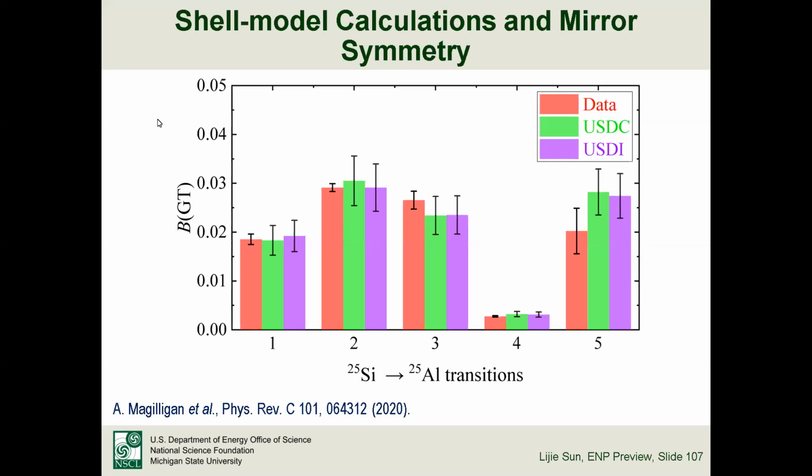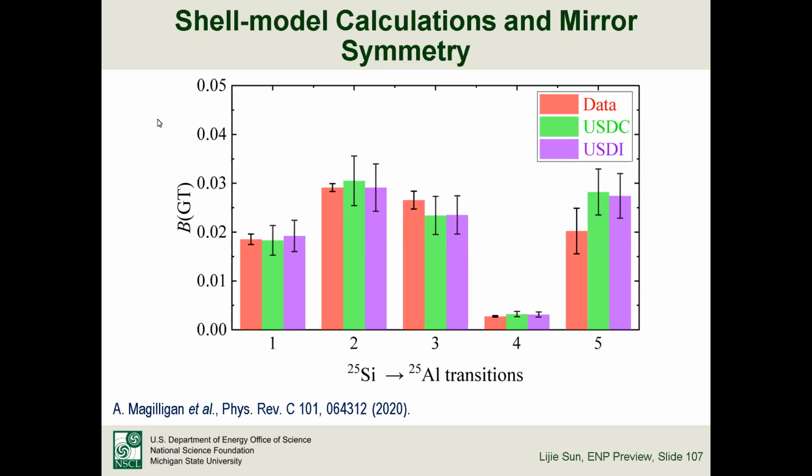The experimental Gamow-Teller transition strengths are denoted by the red bars respectively. The green and the purple bars represent the shell model calculations using the USDC and the USDI Hamiltonians, which directly incorporate Coulomb and other isospin breaking interactions.